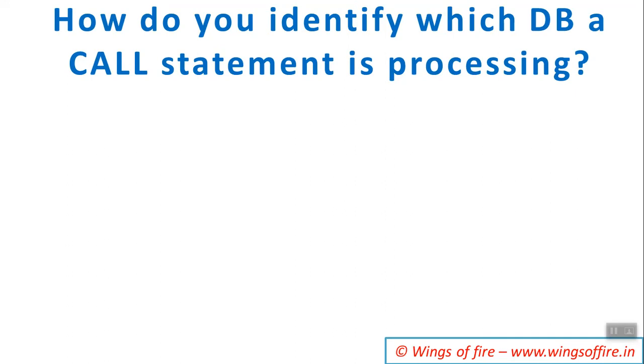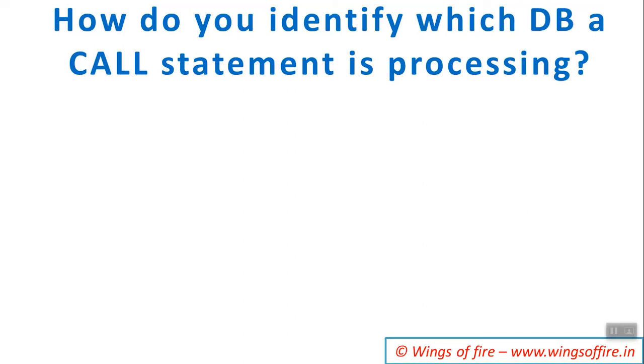How do you identify which database a call statement is processing? It's a very important question. In a call statement we have parameters: a function code, a PCB mask, IO area and SSA. The second parameter, the PCB mask, will tell you which database we are accessing.